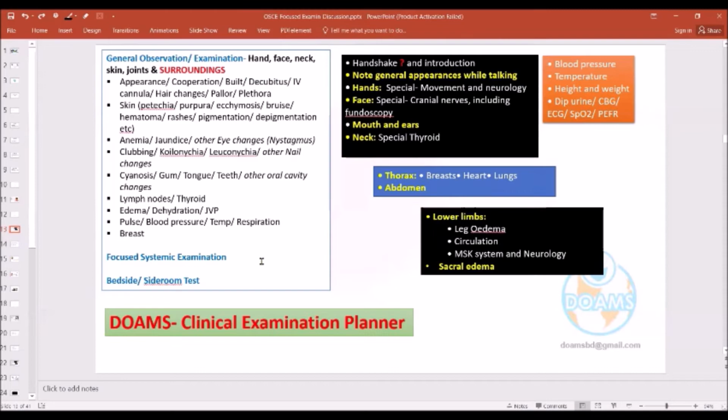Then come to the next point. Edema, dehydration, JVP. Can it be anything important? Can anyone correlate edema, dehydration, or JVP with your probable case, Graves' disease with hyperthyroidism?